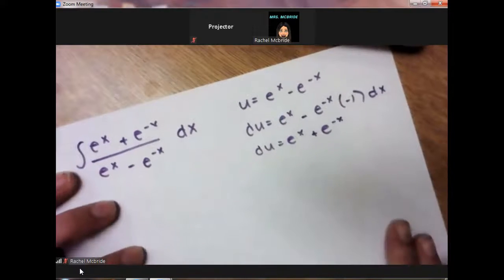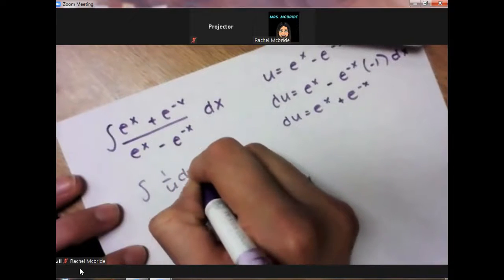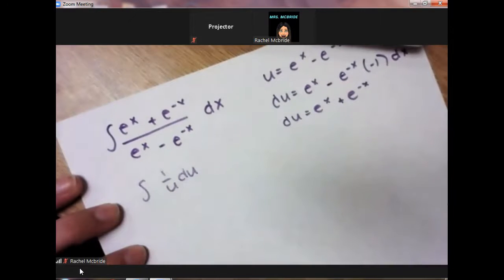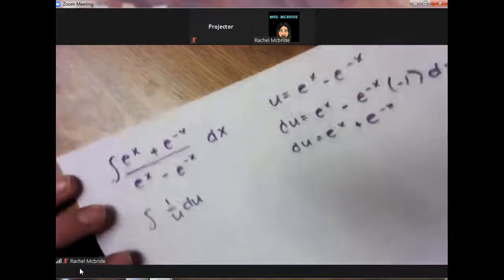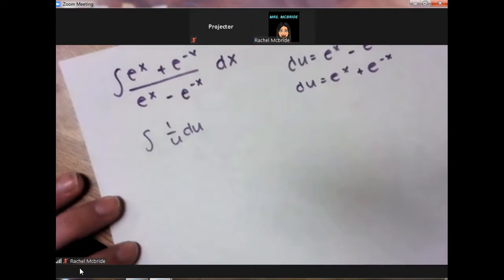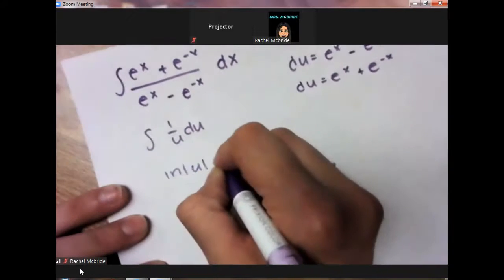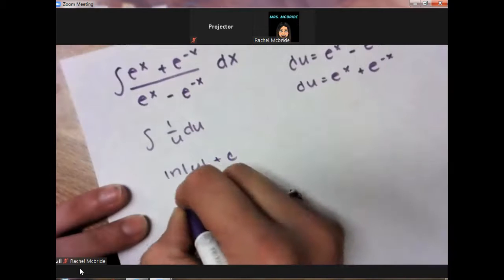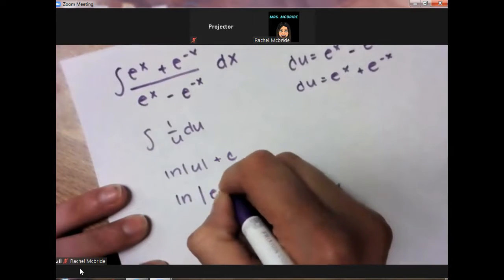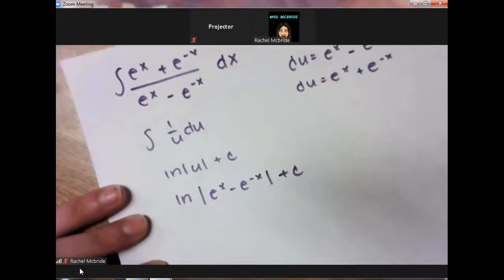U is my denominator. So my integral becomes 1 over u du. The antiderivative of 1 over u du is the natural log of the absolute value of u plus c, which gives the natural log of the absolute value of e to the x minus e to the negative x plus c.